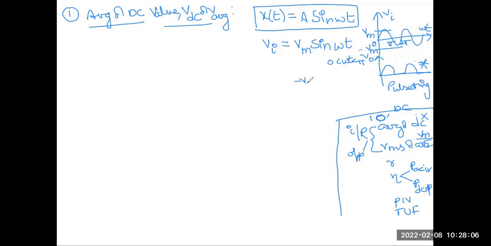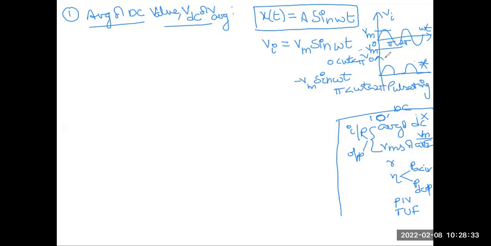And what is it for pi to 2 pi? It is minus Vm sin omega t, so pi less than omega t less than 2 pi. This is how you define our input signal. So Vi is Vm sin omega t for the period 0 to pi, and minus Vm sin omega t for the period pi to 2 pi.